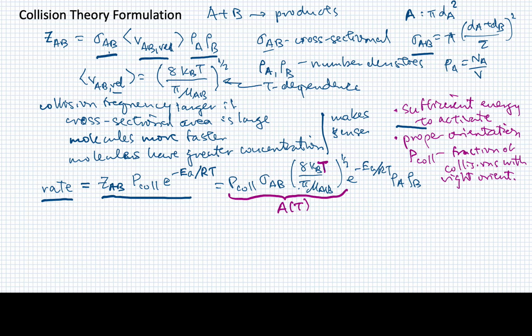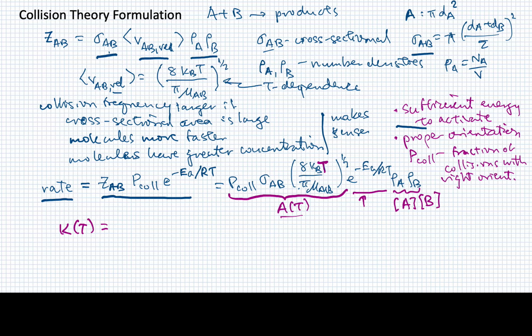Then we have the Arrhenius factor with the activation energy, and then these two factors here basically are proxies for the product of the concentrations of A and B. So when we put this together, what we're really saying is that this factor times the Arrhenius factor is what constitutes our rate constant for the reaction.